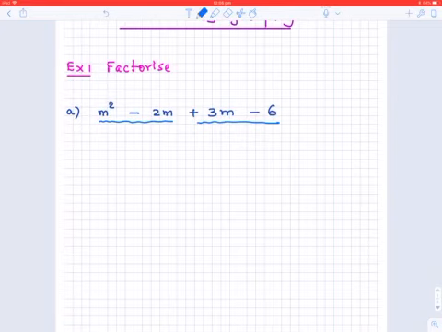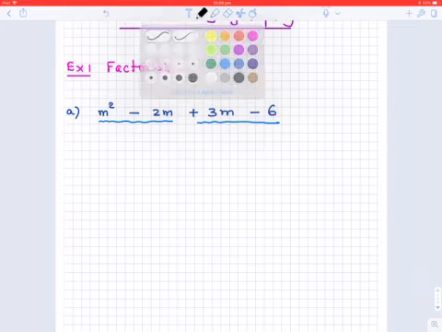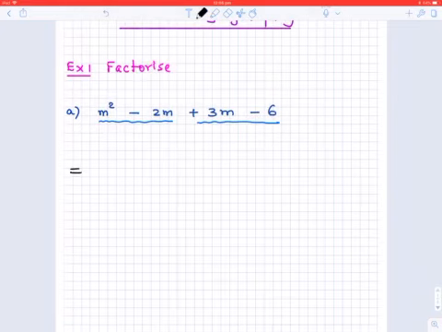So we have m square minus 2m. When you look at m square minus 2m, m can be taken out. If I take m out, m square becomes m.